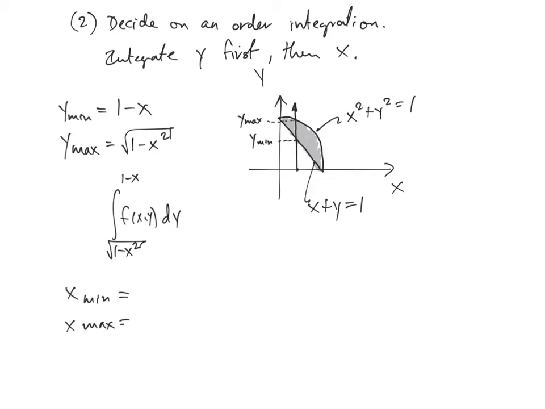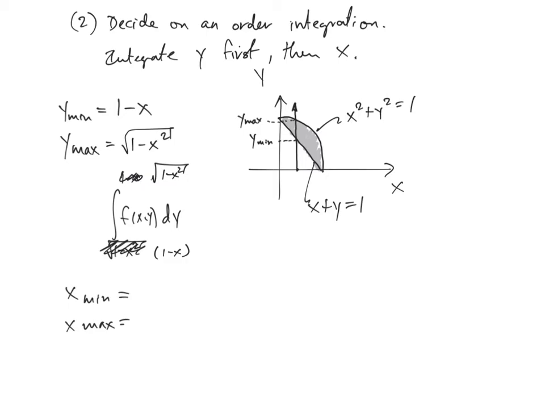I'm sorry. Y min is 1 minus x. Y max is square root of 1 minus x squared. Thank you. Don't let me get away with garbage like that. Perfect. Okay?